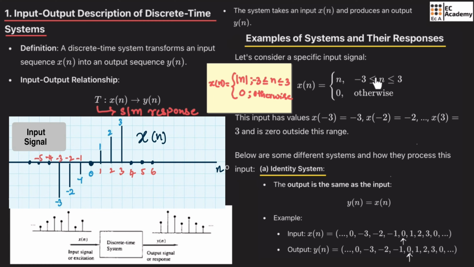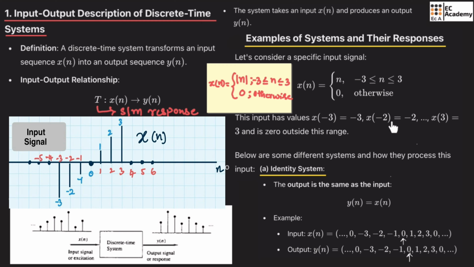So we are understanding the system response by taking this example. In this mathematical equation, x of -3 will be equal to -3, since x of n is equal to n. So whatever value you have for n, the same value you will get for x of n. Here, if you take x of n as magnitude of n, in that case x of -3 will be equal to 3, since we are taking the magnitude.